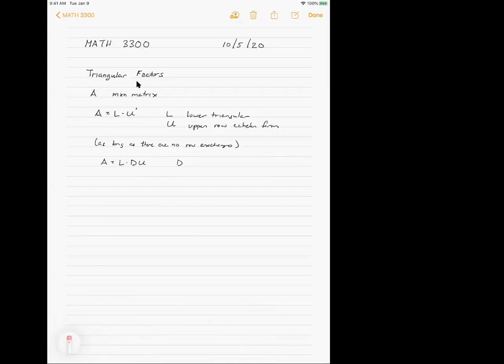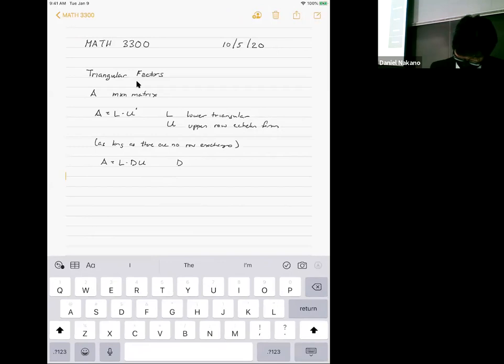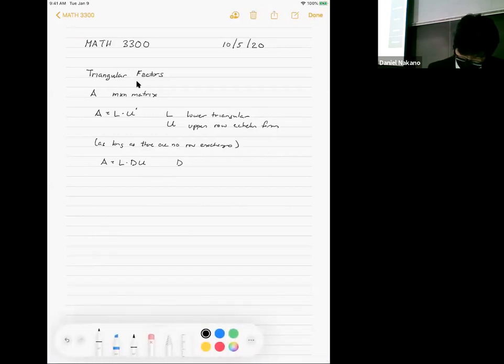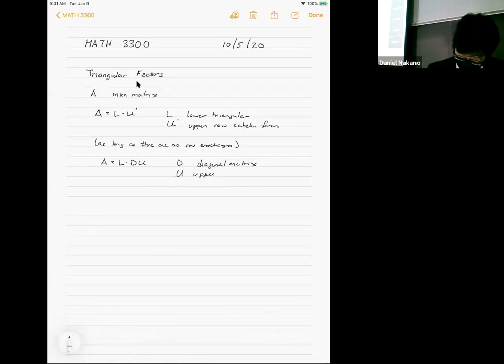Okay, that looks a little better. So this should be a U prime here. Then it's LDU, where D is a diagonal matrix. Again, U is upper sort of triangle. It's not necessarily triangular, it's sort of an upper row echelon form. I'll be more specific about this later on.